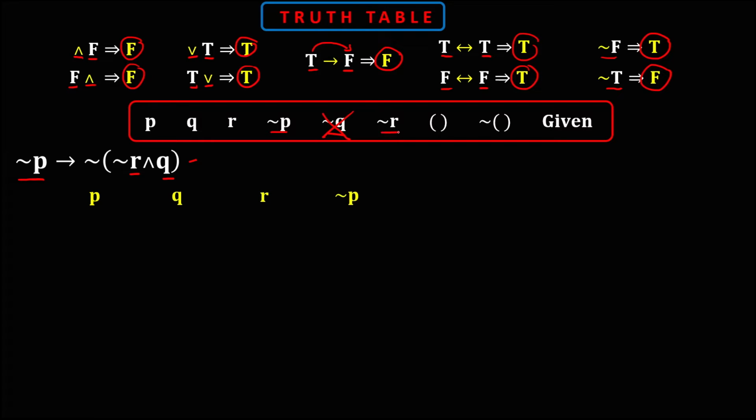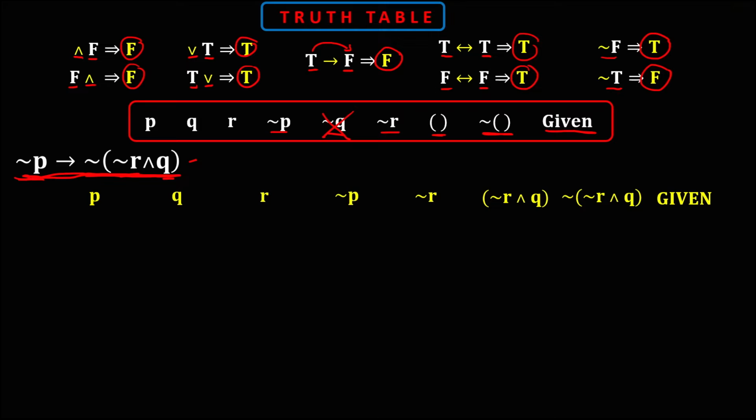Then the negation of R, since there is a negation of R. Then the parentheses, a compound statement, the negation of R and Q, then the negation of the parentheses, and the last column must be the given. So this is now the top of the table.